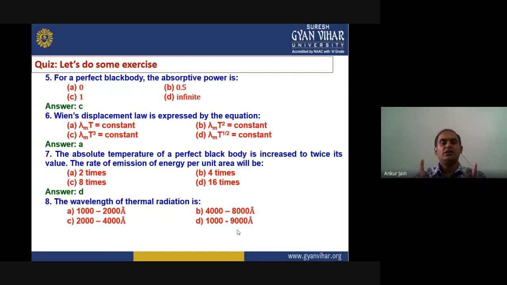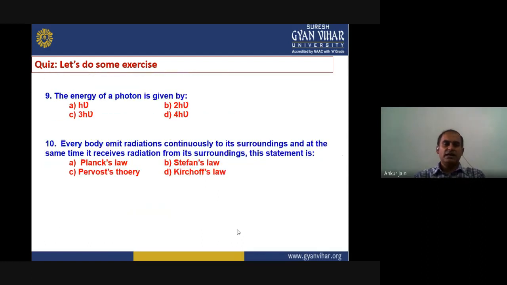So the total wavelength region is 4000 to 8000 angstrom. That means the right answer is option B. The next question is, the energy of a photon is given by h nu, 2h nu, 3h nu, or 4h nu.